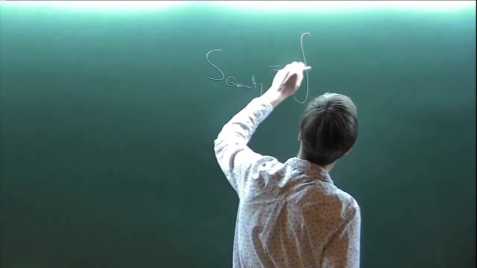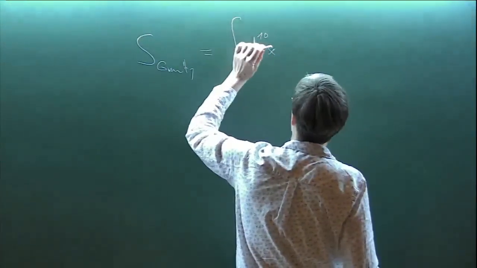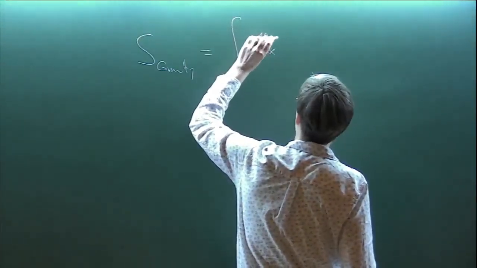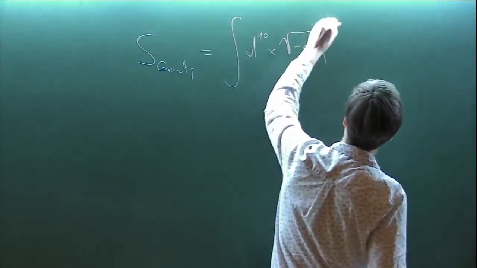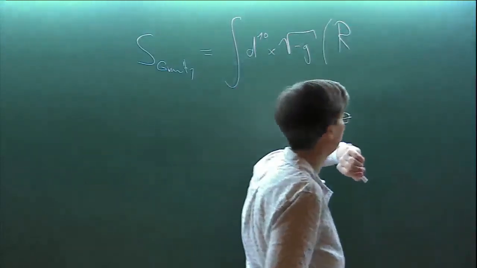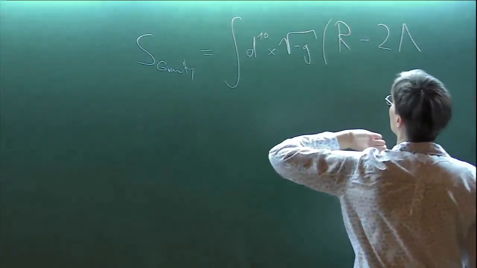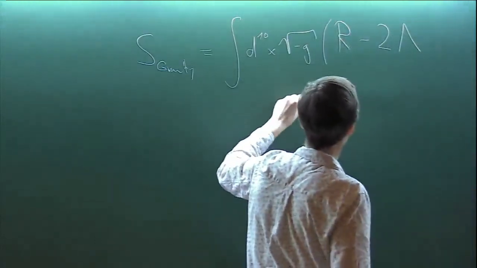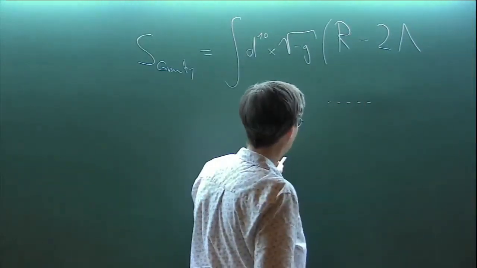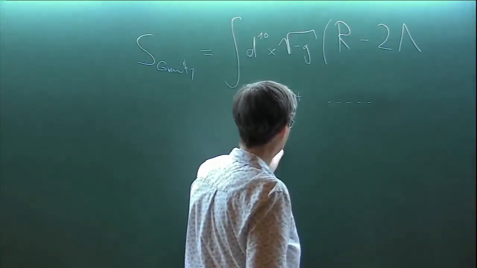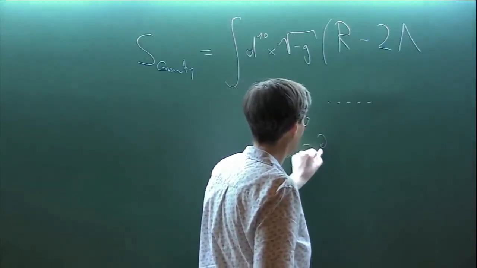Essentially, if we start in 10 dimensions, there's going to be a square root of minus g, and then you have a Ricci scalar, and then you have this negative cosmological constant, and then there will be a number of complicated fields which you can write, especially in the language of forms.